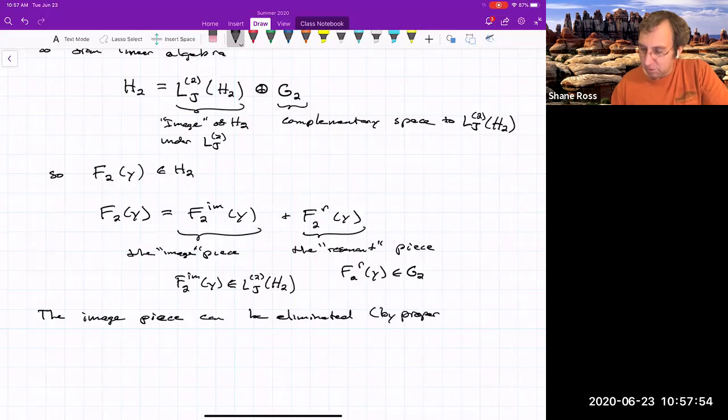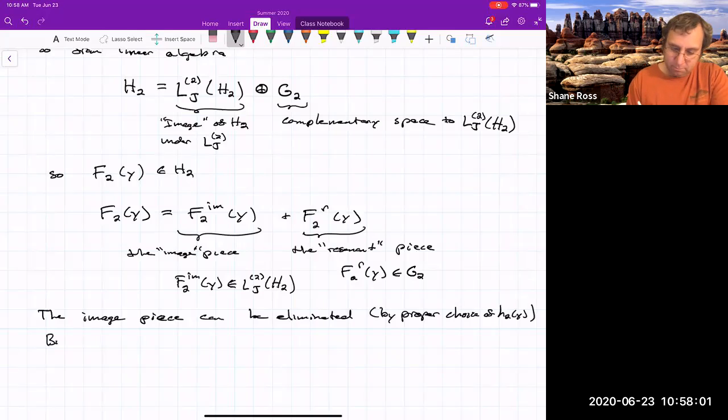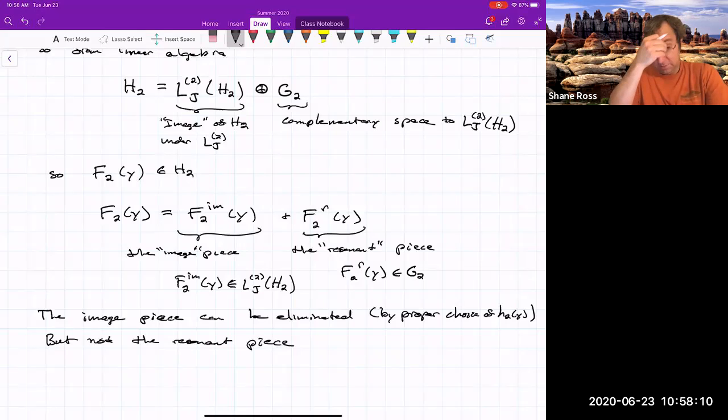You could get rid of those terms by a proper choice of little h₂, but not the resonant piece. So this brings up something interesting when you have not a 1D equation, but something that's 2D or higher. There's the possibility that there are second order terms that just can't be eliminated. So you can't simplify them away.